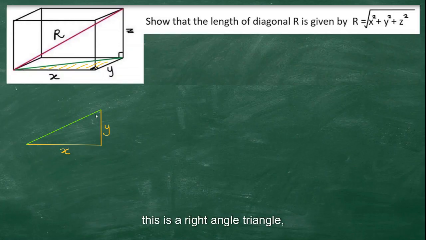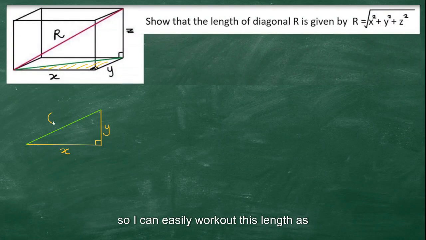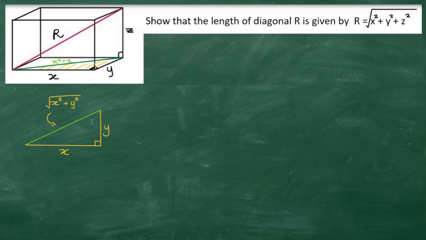Now, this is a right angle triangle. So I can easily work out this length as x squared plus y squared square root. Pythagoras Theorem. So I know this one here is x squared plus y squared square root.